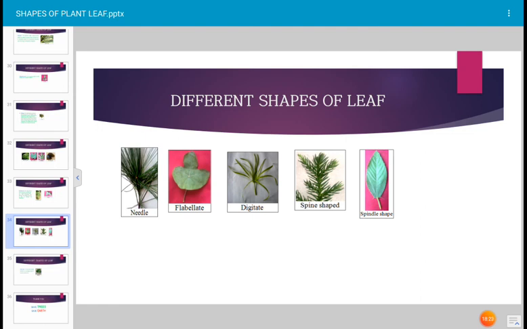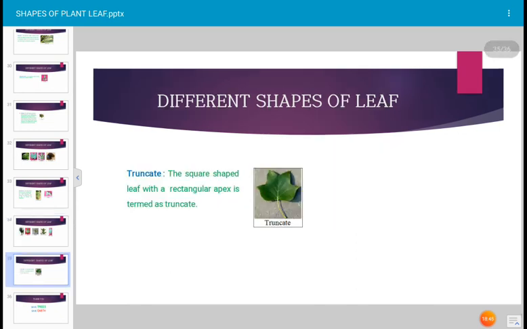Fourth photograph, that is spine shaped leaf. Leaves are modified into spines. This is a characteristic feature of xerophytes. Number 5, the fifth photograph, is a spindle shaped leaf. It resembles a spindle. Okay, next.